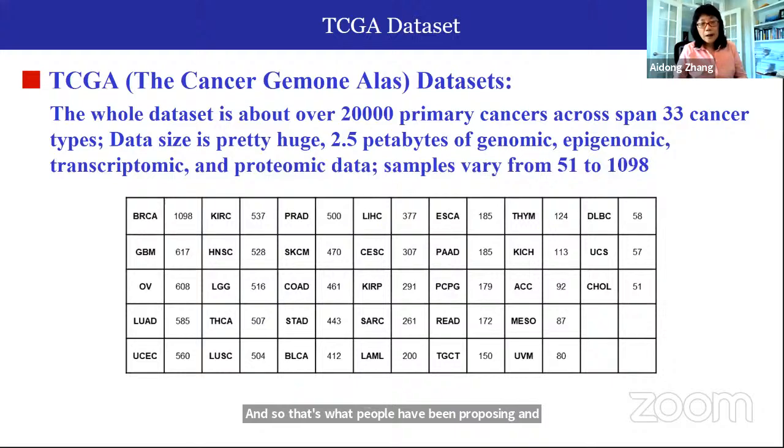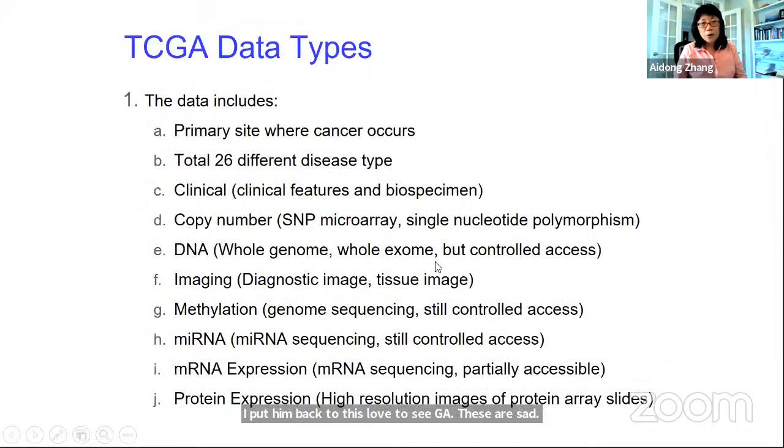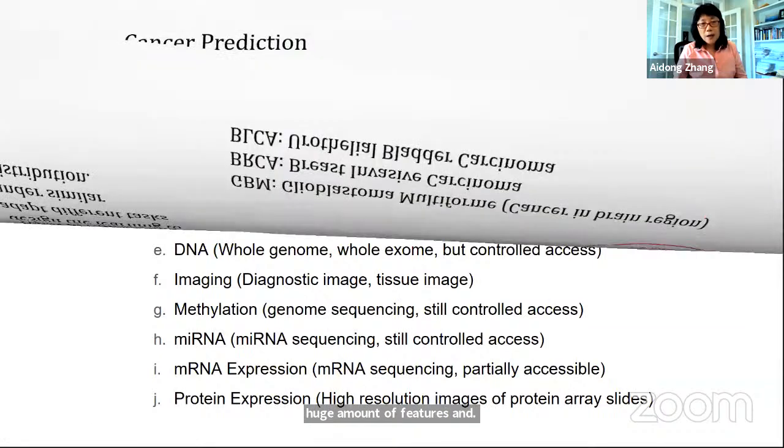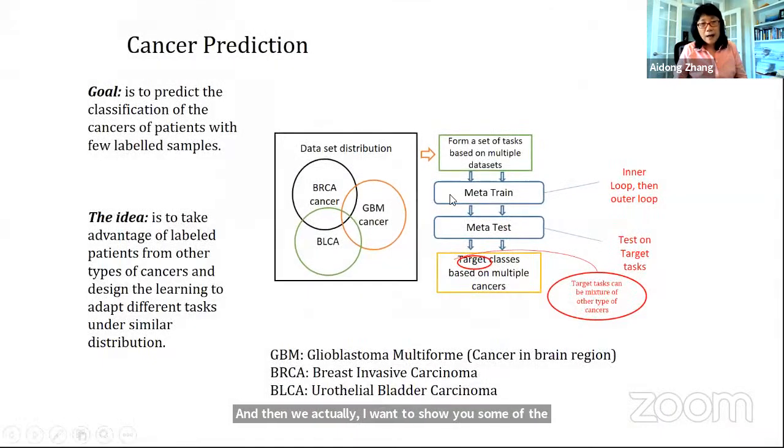With that, I bring back the TCGA data set, and you can see they have small samples but a huge number of features. I want to show you some of the results we have obtained to show how meta learning can be effective on this kind of data.